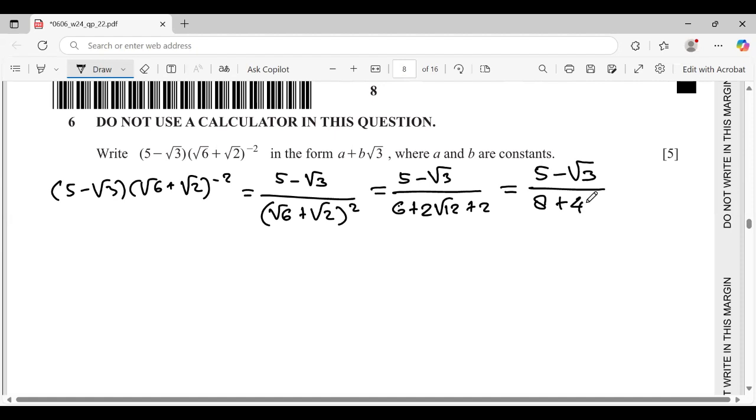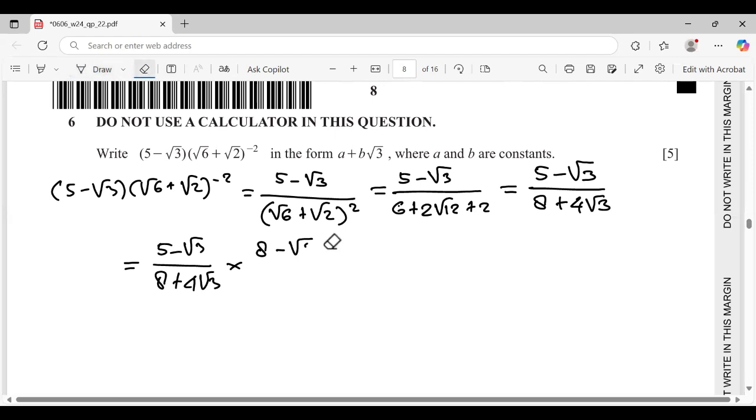It means 4 square root 3. Okay, so after that, the next step, I would like to multiply with the conjugate, 8 minus 4 square root 3.